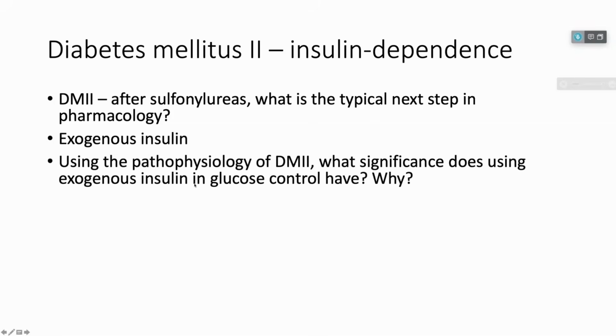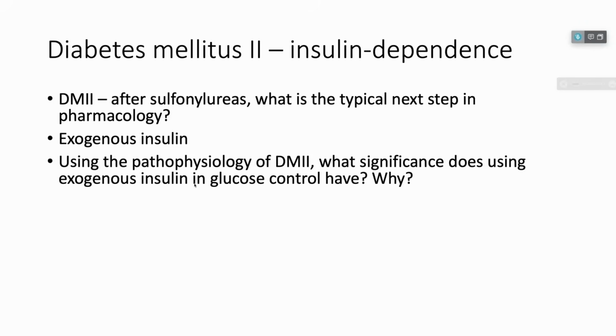So Sebastian, if you are using the pathophysiology of diabetes type 2, what's the significance of getting to the point of using exogenous insulin for glucose control? Well, basically you start with the sulfonylurea to make more insulin as well as amylin. So you destroy your pancreas, specifically beta cells. So you need exogenous insulin, because you can't make insulin yourself.